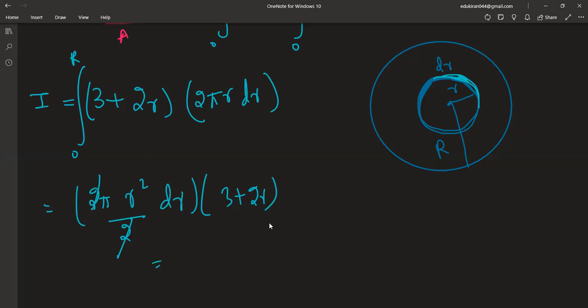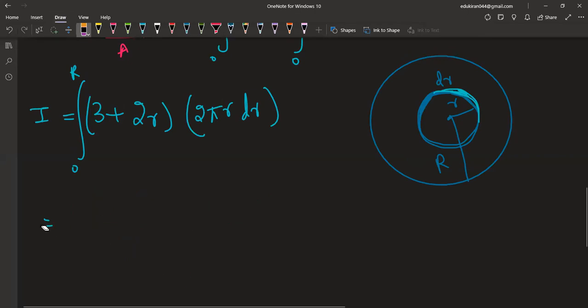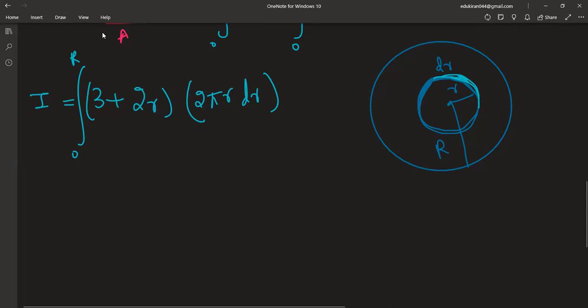What can we take common? 2 pi we can take common. You can take it outside. Or let's do one thing instead of this step. Wait. Otherwise, that will be a lengthy process and we will have to put a constant term.